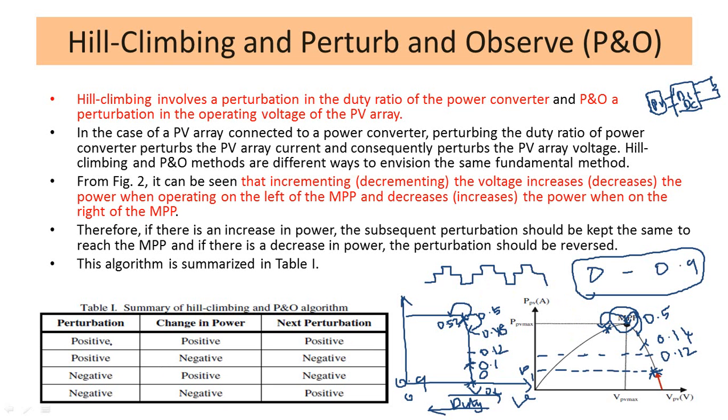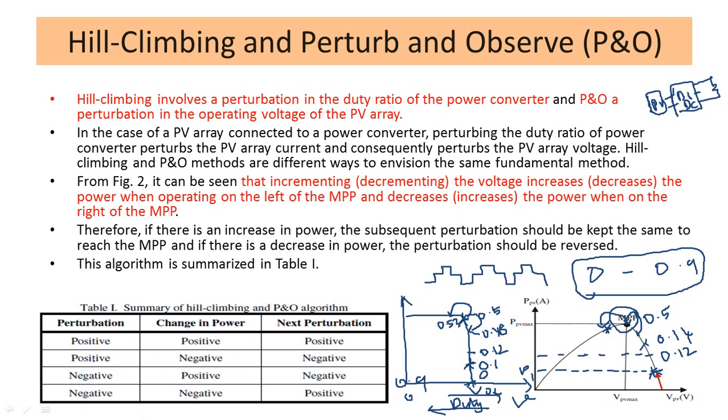We can see it here: perturbation positive, change in power positive. These are the simple P and O algorithm rules based on your duty cycle. Each step is a perturbation. This perturbation is positive, and my change in power is also positive. Next perturbation, yes, positive. This is the first rule.